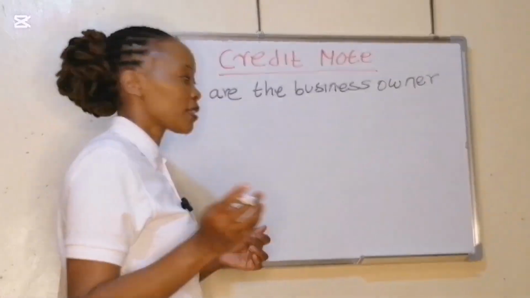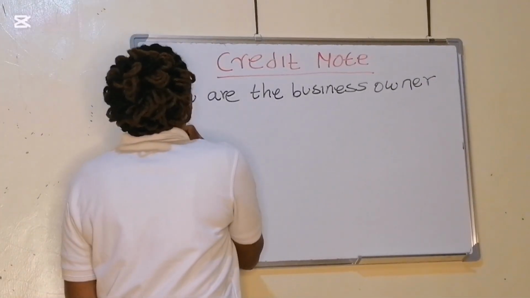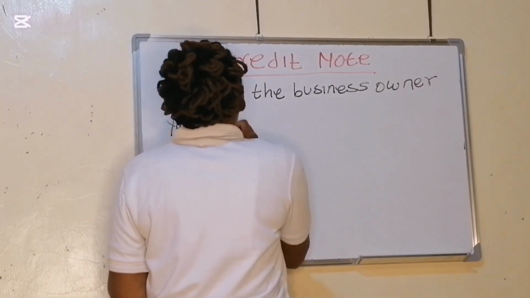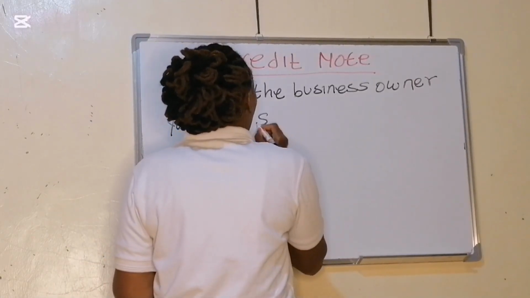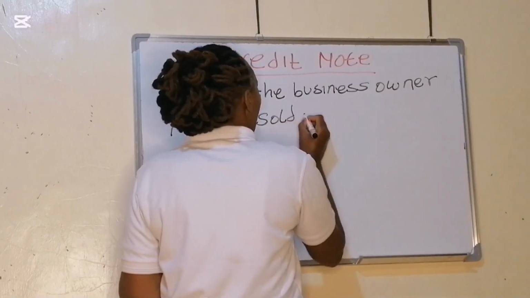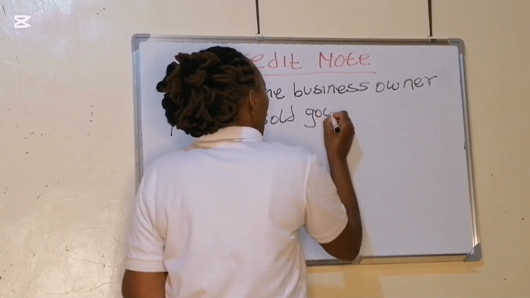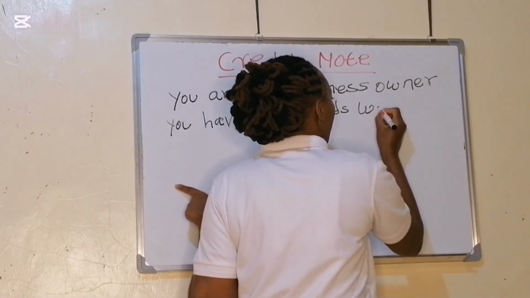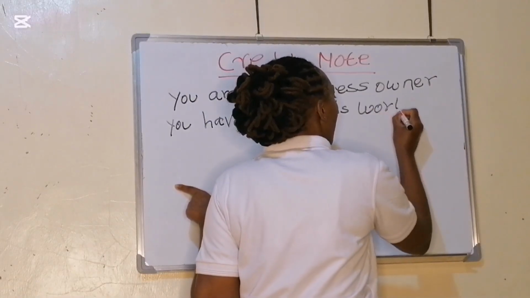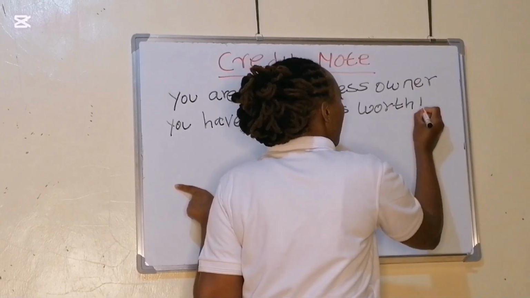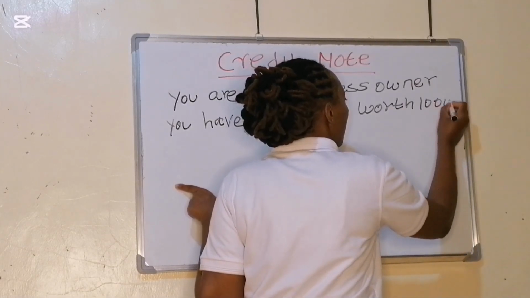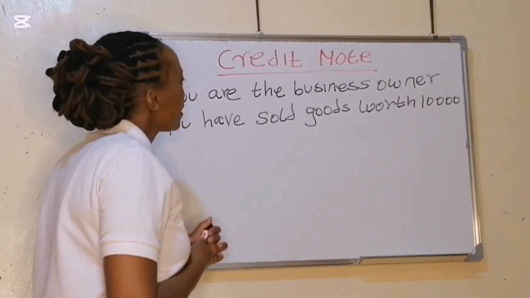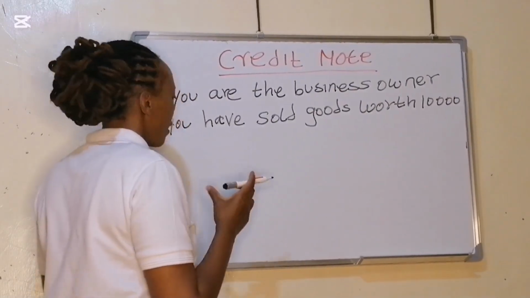You are selling goods. You have sold goods worth 10,000. Okay, I hope you are with me up to that point. You are the business owner. You have sold goods worth 10,000.